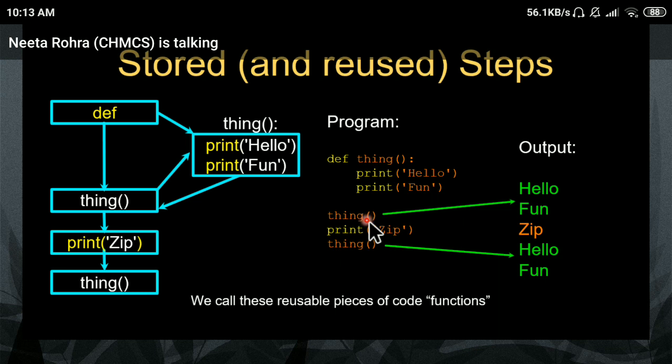After that, again it will go on to sequential steps execution. When you have this print statement, again there is a call to the same function. Again the control will be given to the thing function, and then these two steps will be encountered. Check, the flow is this way, how the things are getting stored in the procedures, in the back end of your memory.